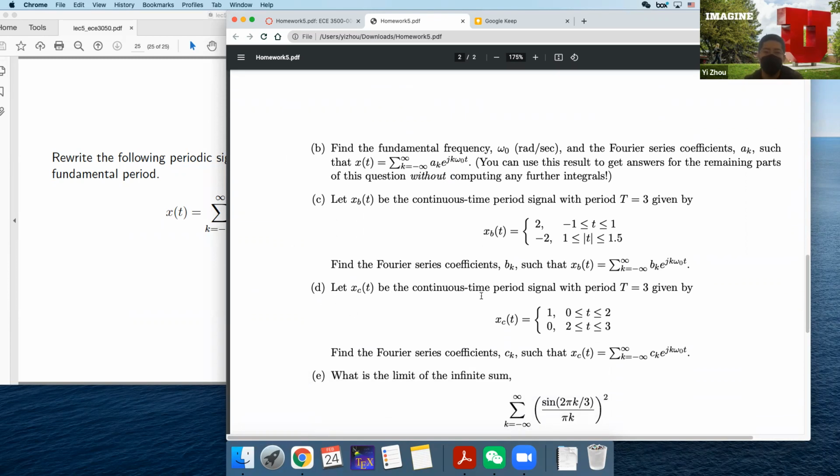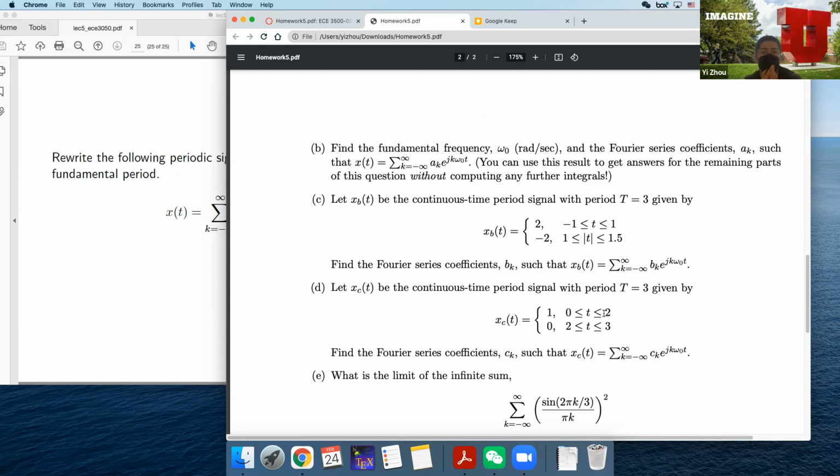Part D is the same thing. We have another signal xc(t). Again, you can follow the standard formula for AK to calculate the Fourier series. But here you can try to build a relation between x(t) and xc(t). I think we need time scaling here because the range is now expanded by a factor of 2.